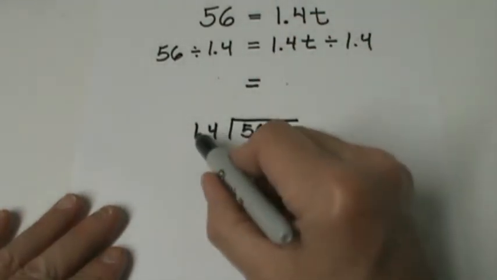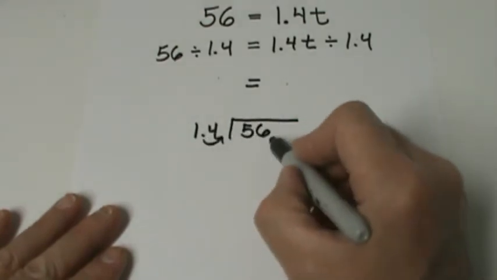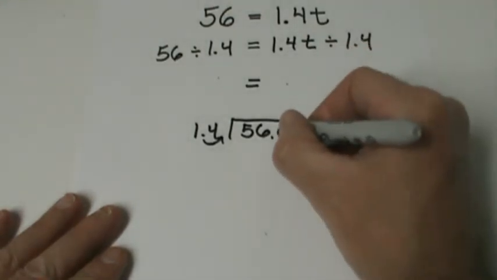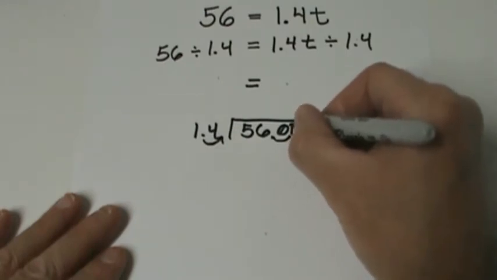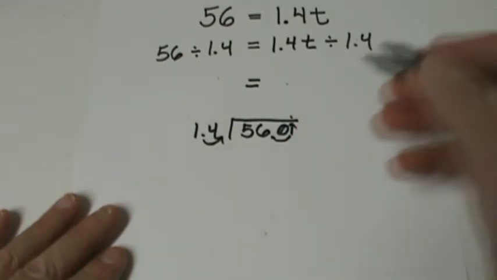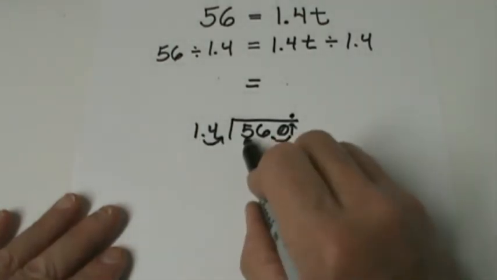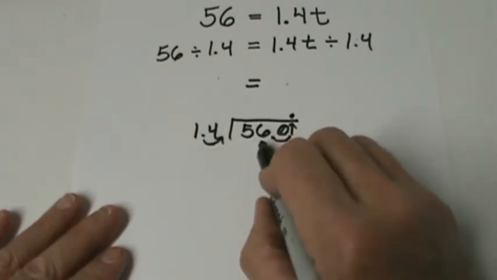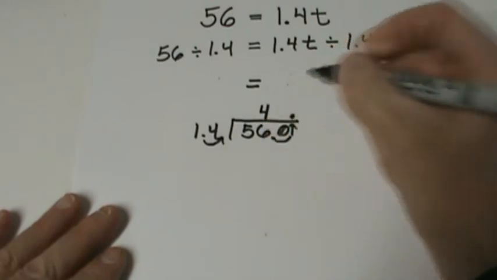Now in this case we have to move our decimal point over, and now here our decimal point's there and there's no 0, so we're going to annex a 0 in order to move our decimal point, take it up, put it in our quotient, and we're good to divide now. 14 can't go into 5. 14 can go into 56 a total of 4 times.